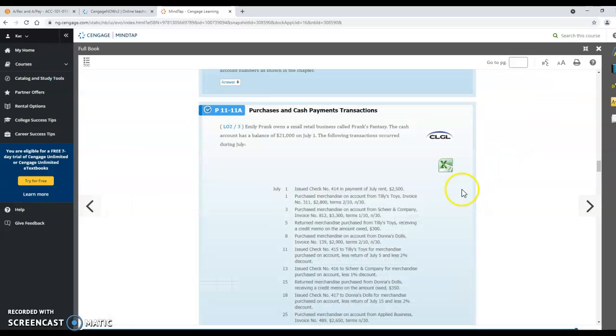So we're receiving rent expense, and whenever we increase an expense, that's a debit. So we know we're going to debit rent expense, we're going to credit cash for this. Before we put it into a ledger, we need to put it into a journal.